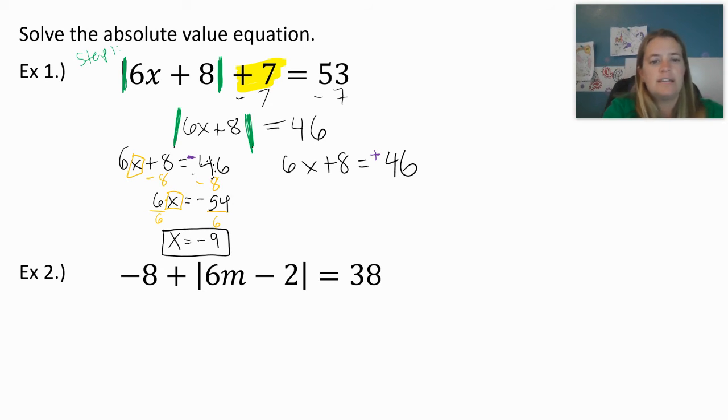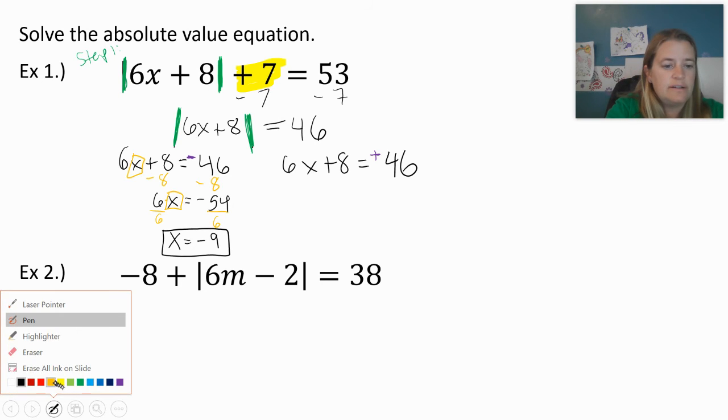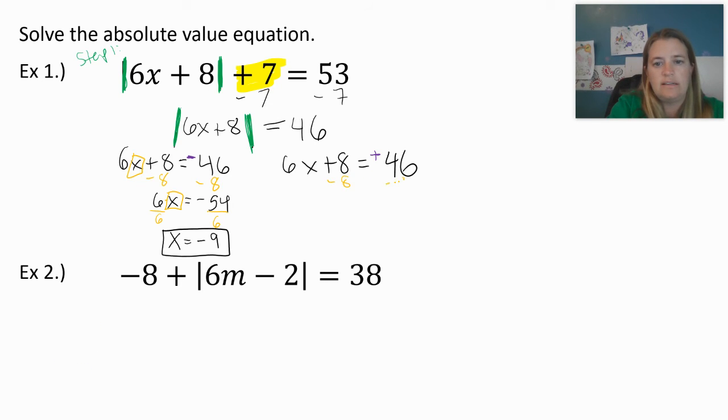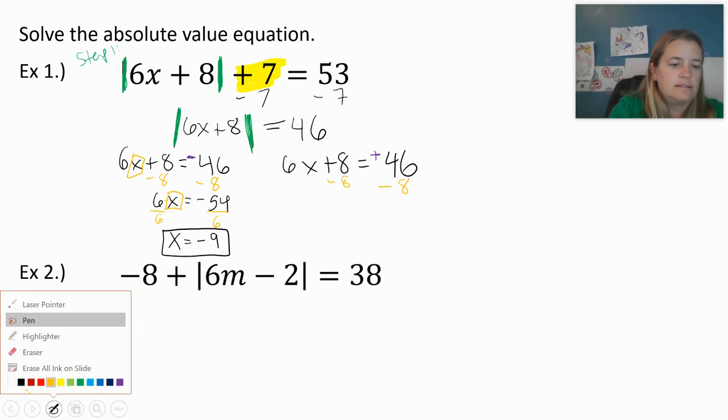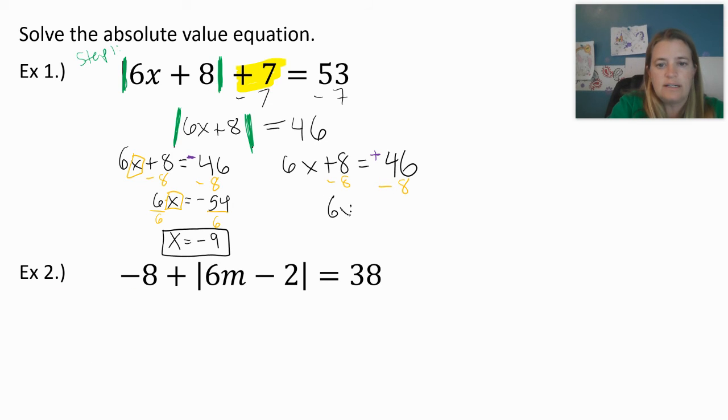We're going to do the exact same 2 steps for the other equation. I'm going to subtract 8, subtract 8. So 6x equals 38. And then we're going to divide by 6.